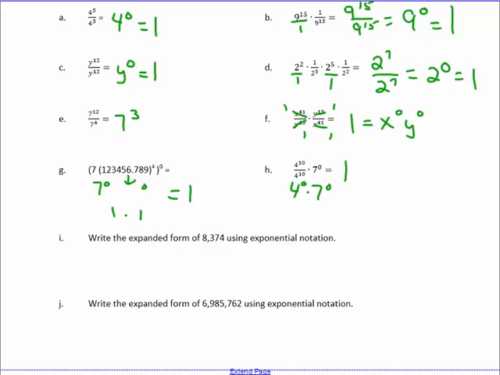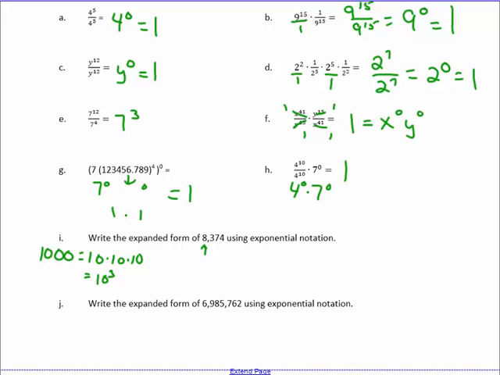Okay, write the expanded form of 8,374 using exponential notation. So this is a little bit different. We haven't quite done this yet, but it's going to get us into where we need to go next. So this is in the thousands spot. Well, the thousands is 10 to the 3rd power, because 1,000 is 10 times 10 times 10, which is 10 to the 3rd.